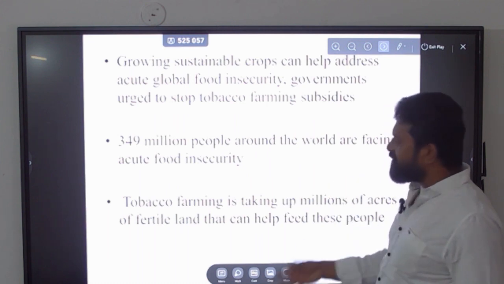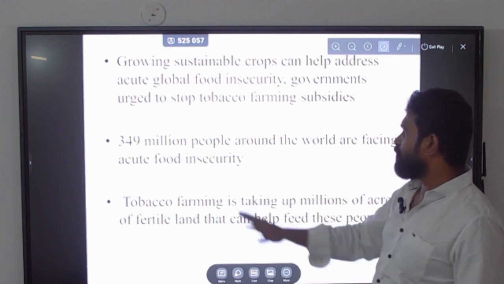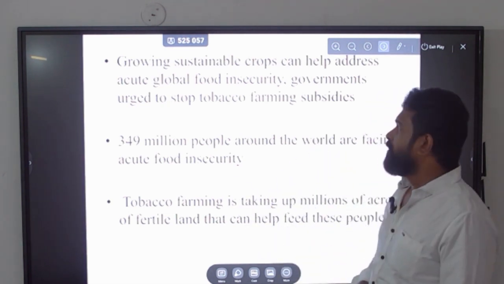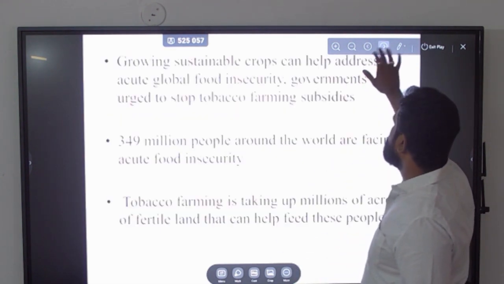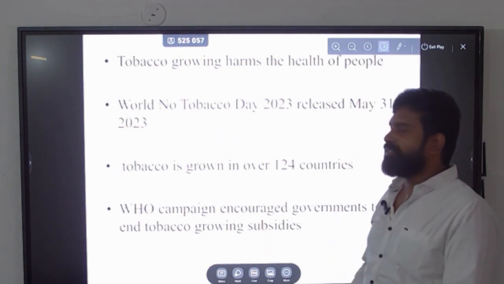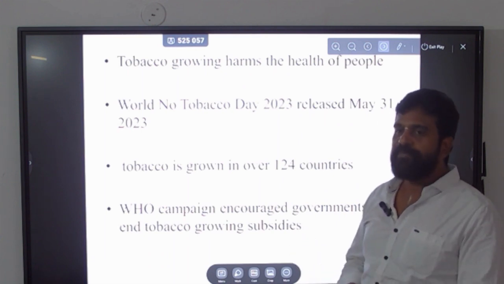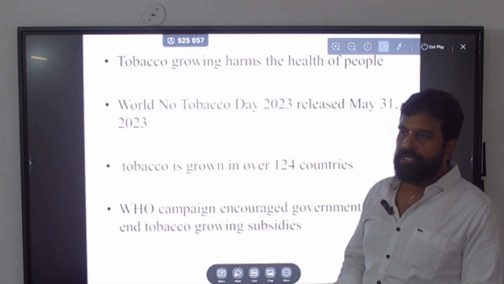But millions of acres of fertile land are used for the cultivation of tobacco. Now the World Health Organization is asking why you are harming the people. Right now we have that much food insecurity, and you are cultivating more tobacco.